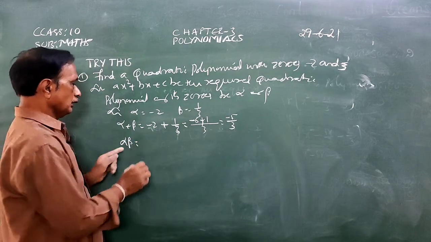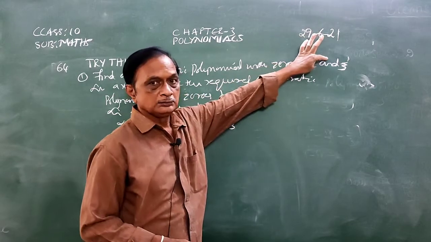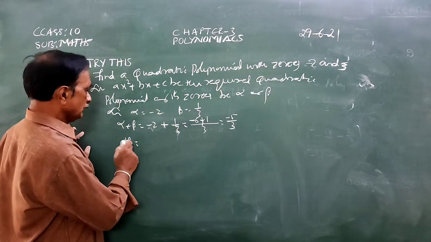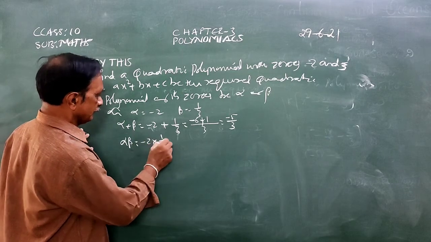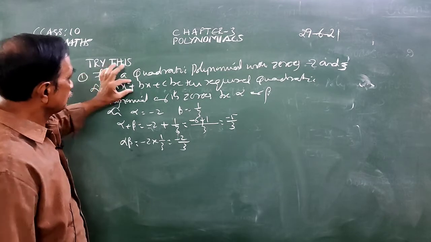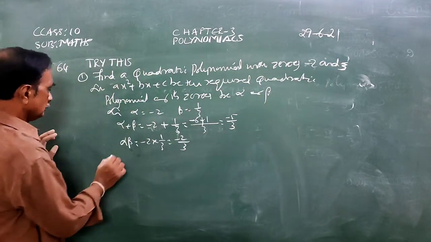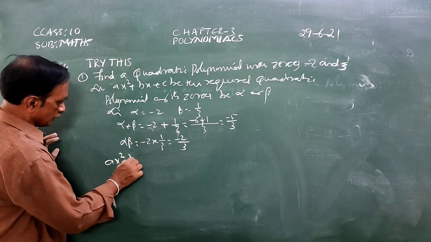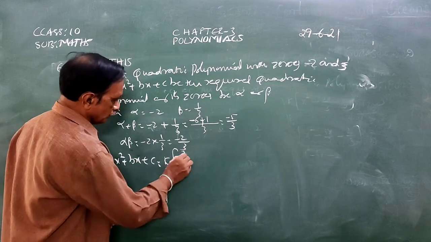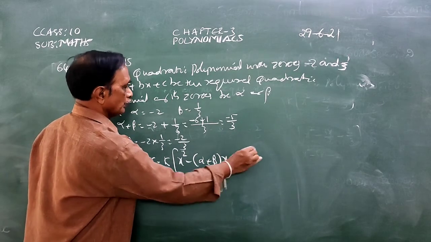Now the product of the zeros, alpha into beta. Here zeros are given, and we are finding the sum of the zeros and the product of the zeros. What is the product of the zeros? Minus 2 into 1 by 3 gives minus 2 by 3. Now what is our formula to get the quadratic polynomial whose zeros are given? Ax square plus bx plus c should be of the form k into x square minus (alpha plus beta) into x plus alpha beta.